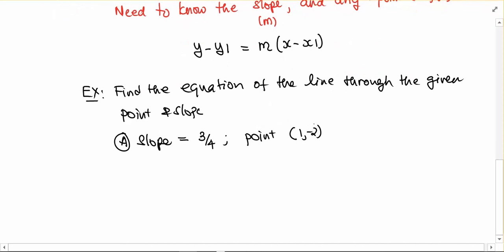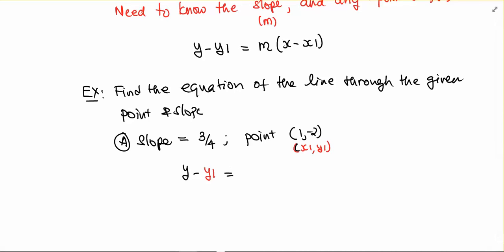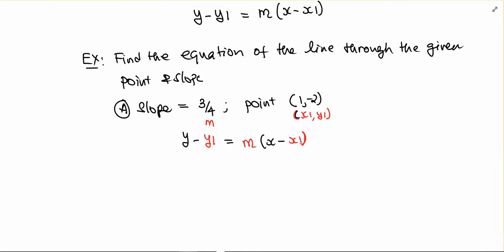So according to the point slope formula, remember this is x1, y1. So here is the point slope formula, and this is m right here, right? Okay, so let's put these things into this formula.